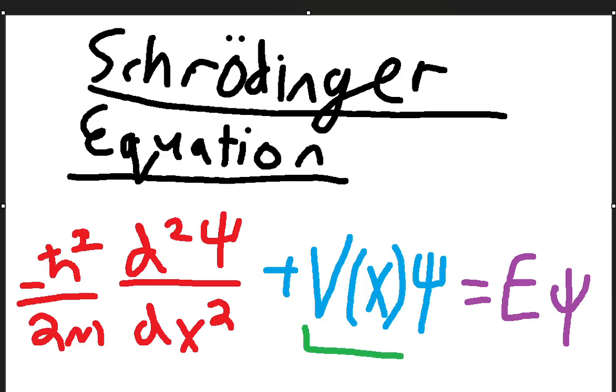This bit is what we call a potential. We won't go into too many examples, but it's basically something that restricts the wave function in some manner. And together, this gives us the energy values, or what sort of energy we have.